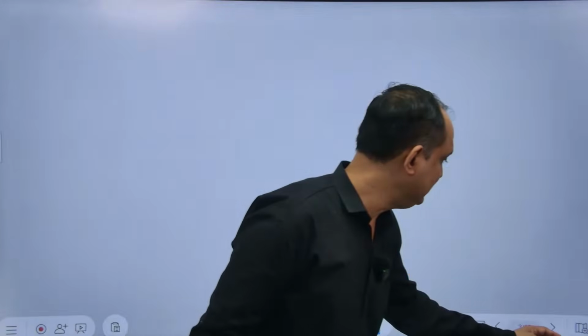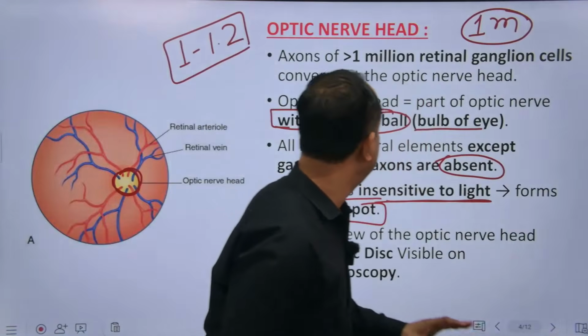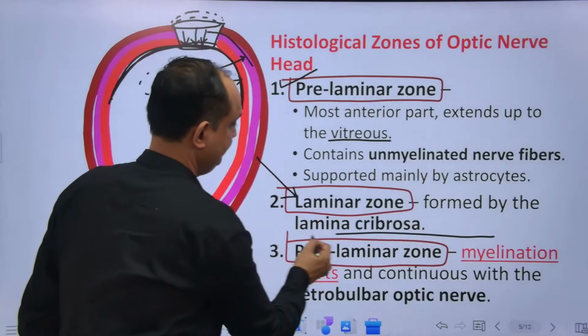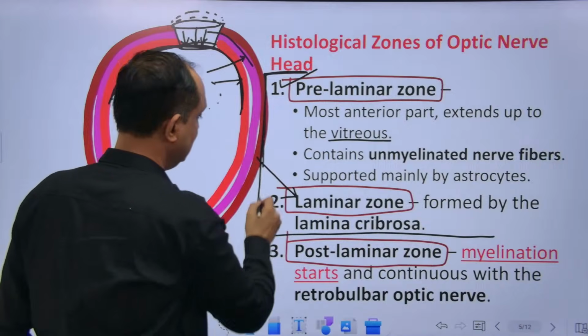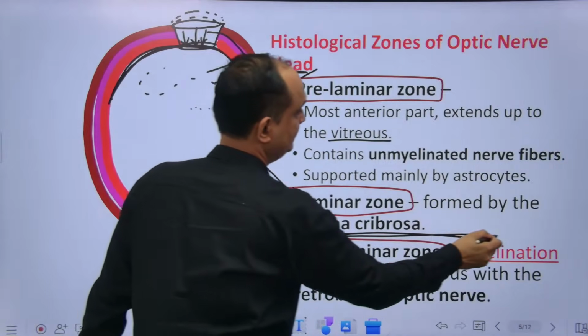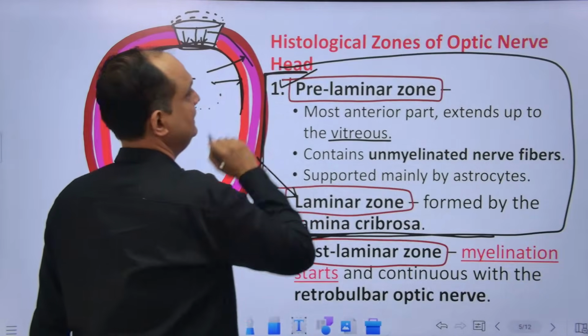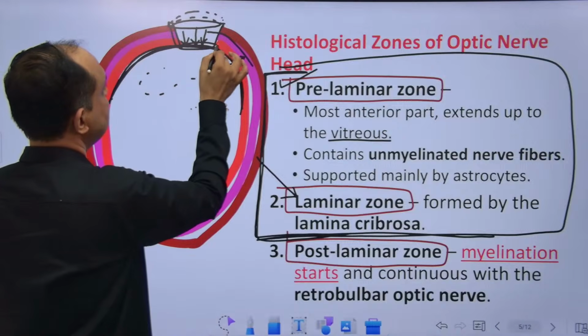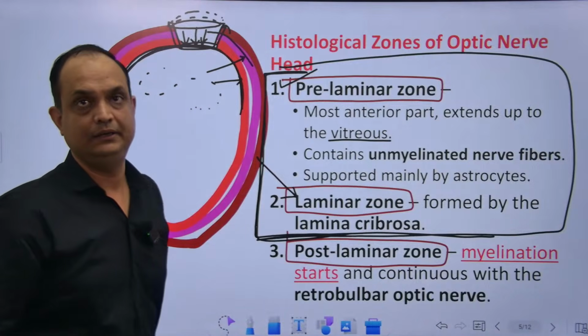So in the prelaminar and laminar areas, till here you are inside the eyeball, and the fibers of the ganglionic cells passing through this area still remain unmyelinated.